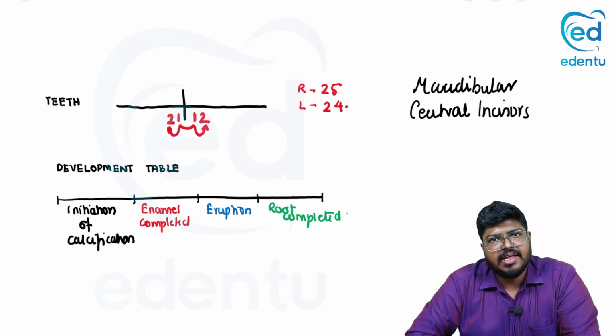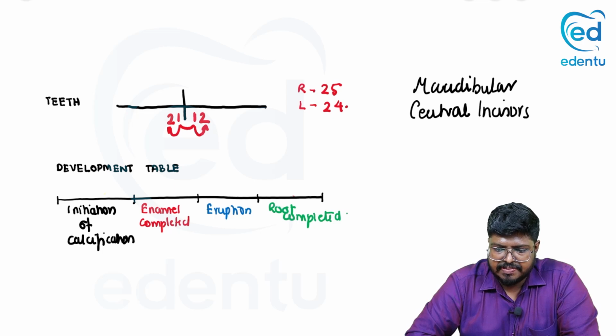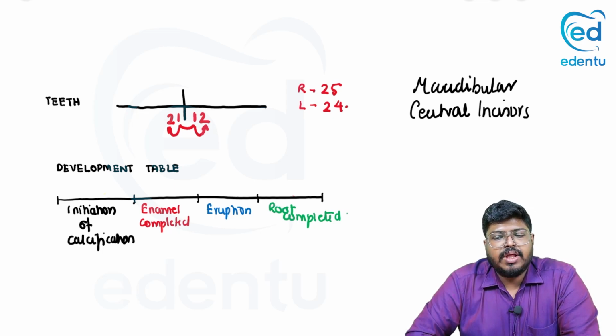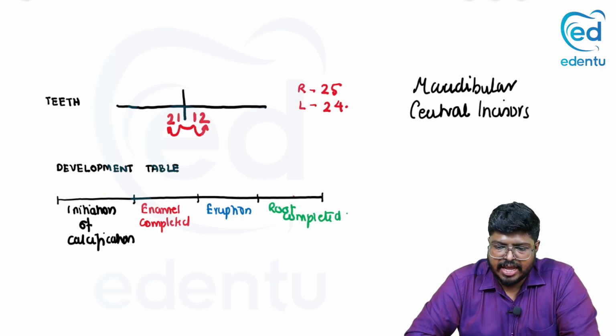They share mesial contact areas with each other and share distal contact areas with the mandibular lateral incisor. The mandibular central incisor normally has the lowest mesiodistal dimension with respect to any single tooth that is present in the oral cavity. Quite simply, it is the smallest tooth that is present in the oral cavity.